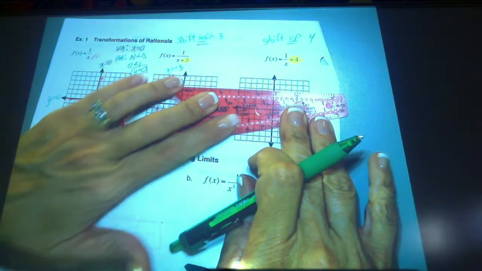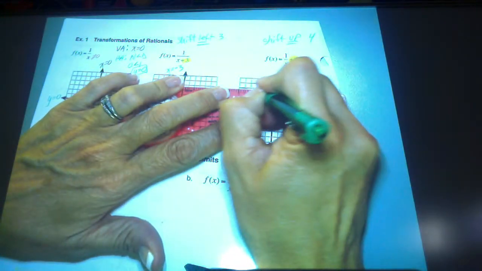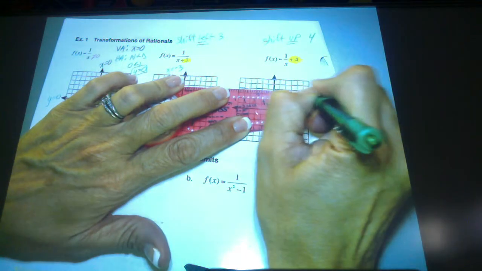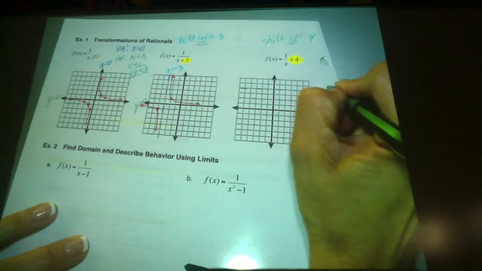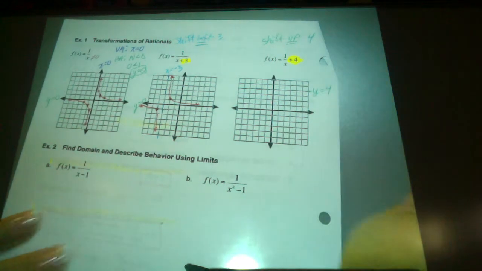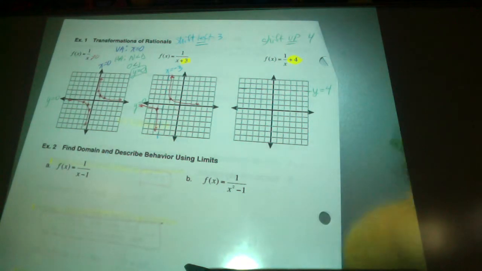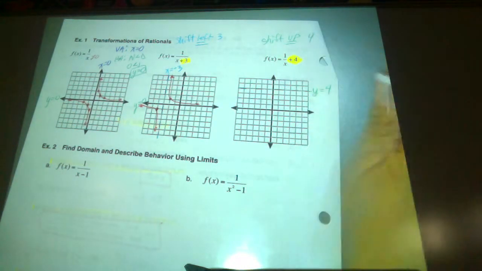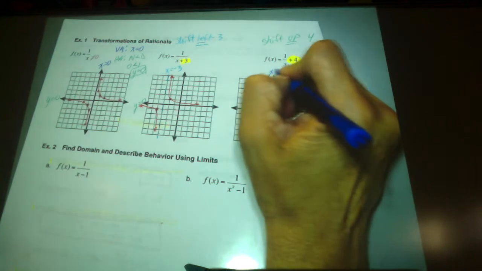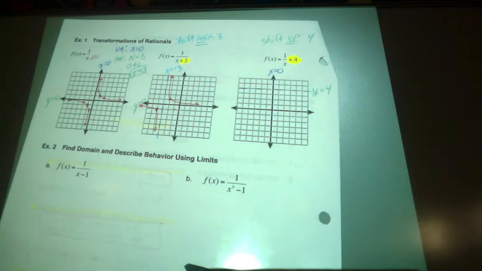So it's a dotted line. That is y equals 4, because it's going to the y-axis. My vertical asymptote did not change. That is still x equals 0. So go back to those ordered pairs, (1, 1) and (-1, -1).